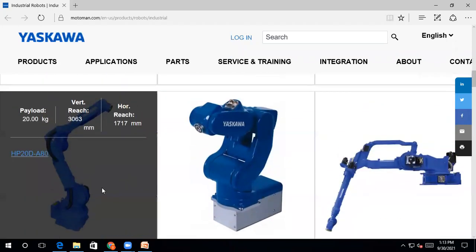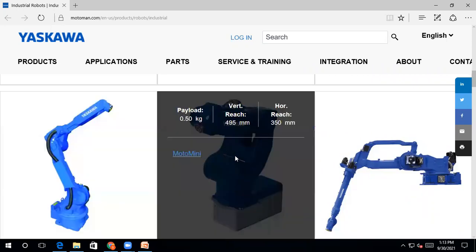This robot, payload 20 kg, HP20D, 880, vertical reach 3063 mm, horizontal reach 1717 mm. Then this Moto Mini: its payload is 0.5 kg, vertical reach 495 mm, horizontal reach 350 mm.